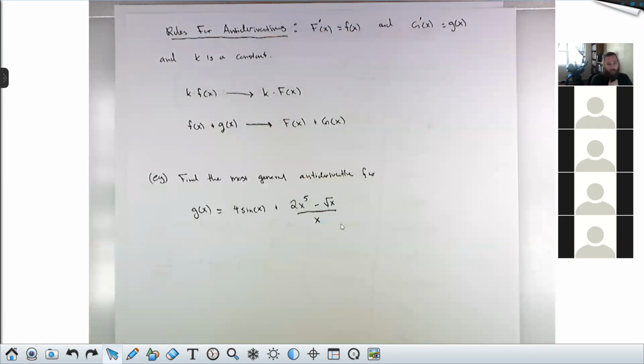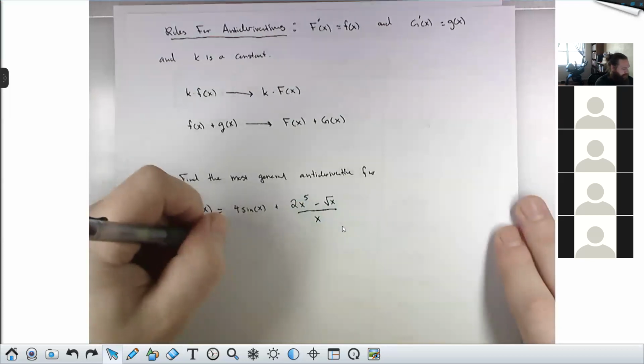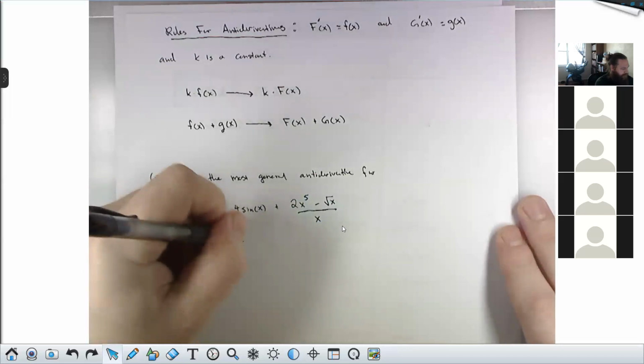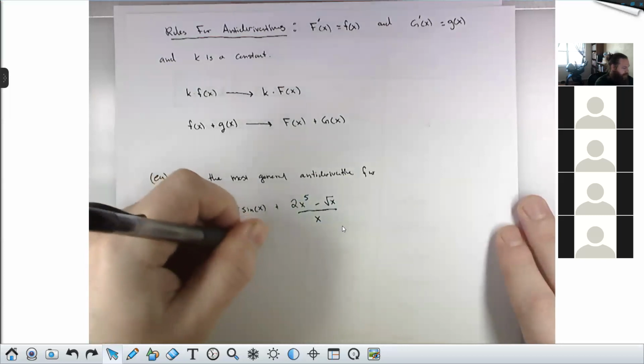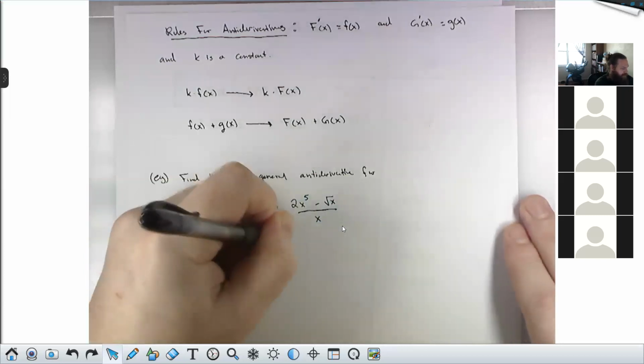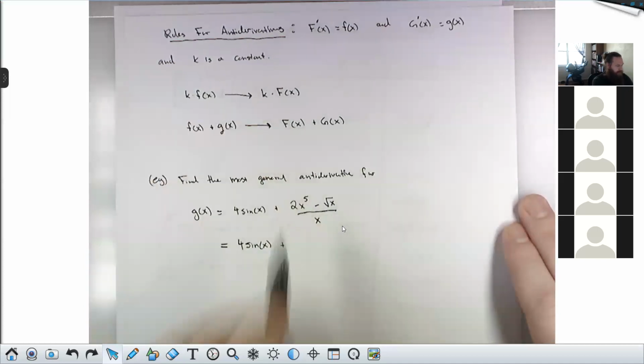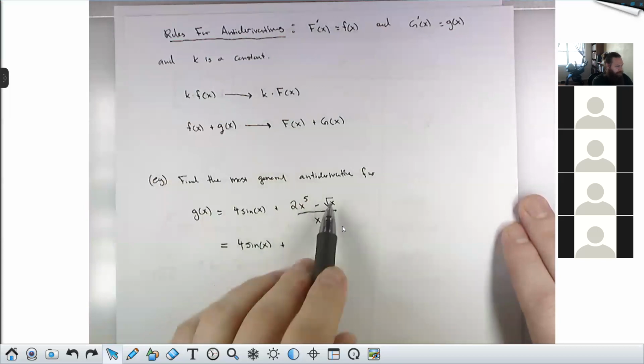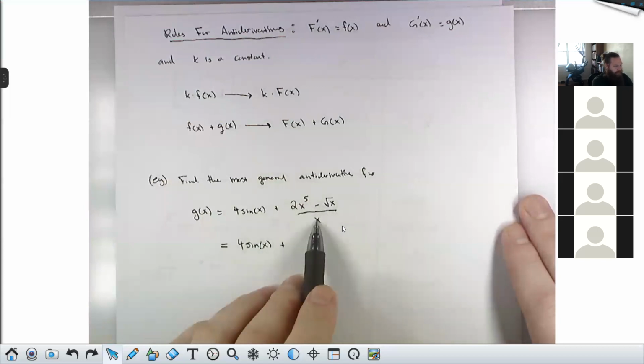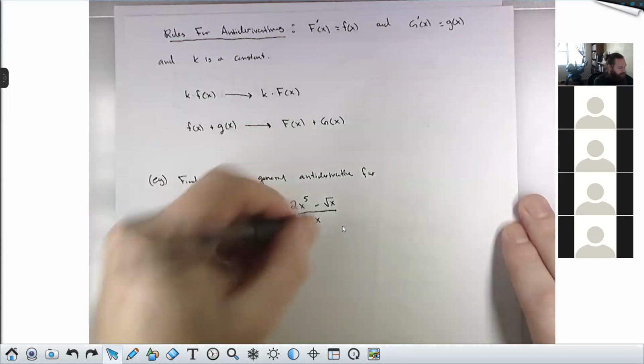The trick is, as I said a second ago, use algebra rules to split this up into little pieces, each of which we know how to handle. The trick here is, again, just simple algebra, right? A minus b over c is a over c minus b over c. You can split up the fraction.